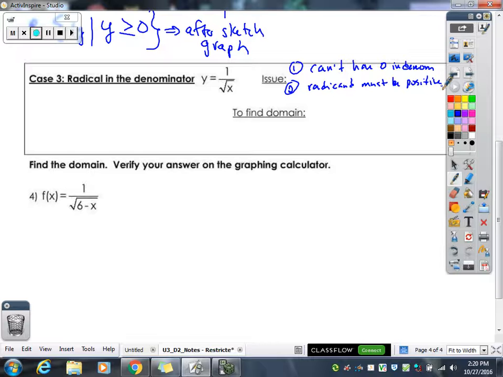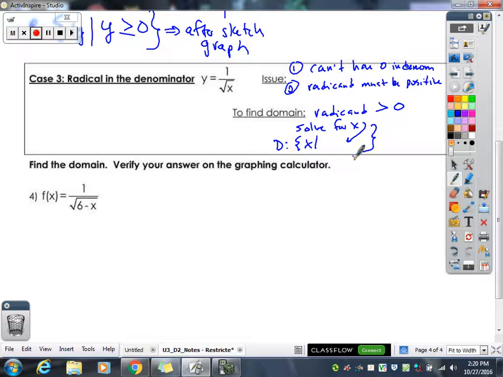So this one is very similar to the previous one. The only difference is that we can't have it equal to 0. So the radicand has to be strictly greater than 0. Has to be positive. Solve for x. And again, the domain will be x such that, and then whatever inequality we get there is going to be in the domain.